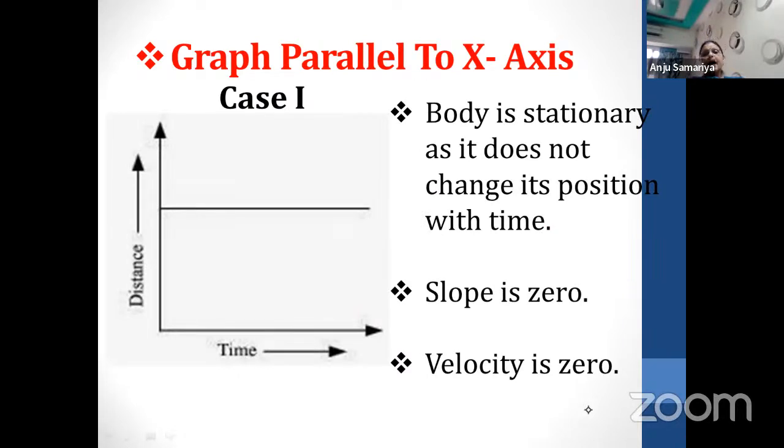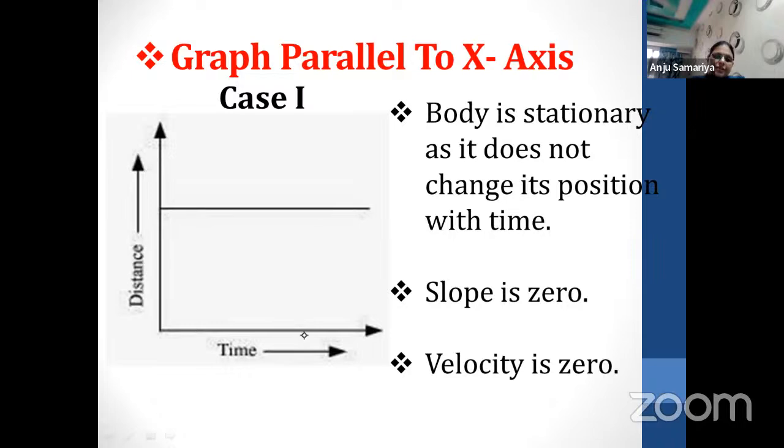Now the first graph, the displacement time graph, when the graph is parallel to the x-axis. Look at this graph, this line is parallel to the x-axis. When the graph is parallel to the x-axis, that means the distance of the body is not changing with time, and this graph tells us that the body is stationary. It's not moving.